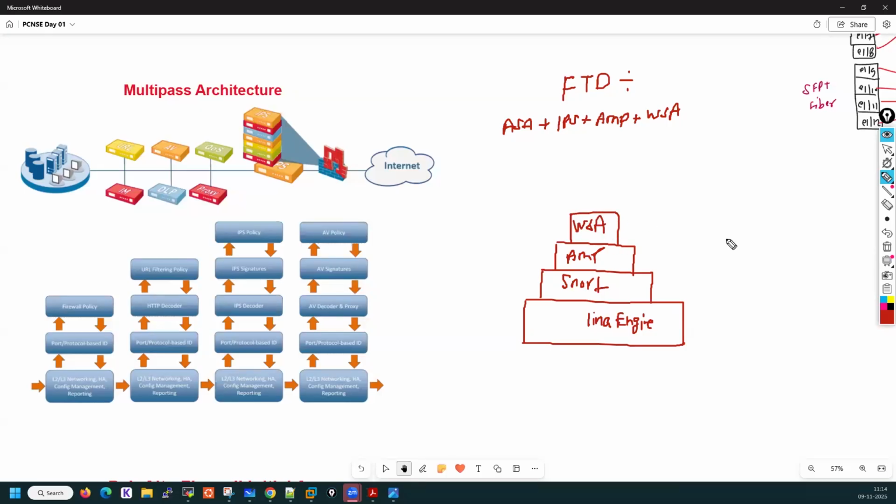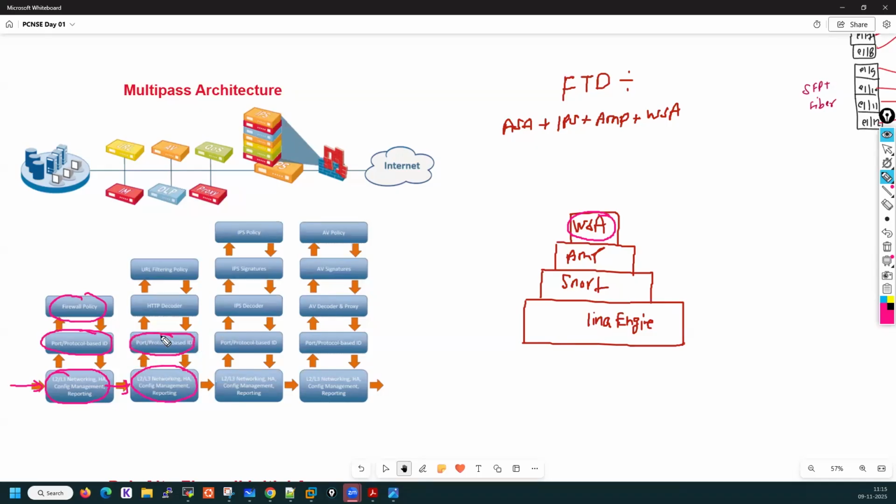So now what used to happen with the multipass architecture, guys? When we receive the packet, the packet will go through layer 2 to layer 4 processing, port or protocol based security. Then they will apply the firewall policies. Now you can see when your packet reaches URL filtering on the WSA code, then again your layer 2 to layer 4 processing will be done.